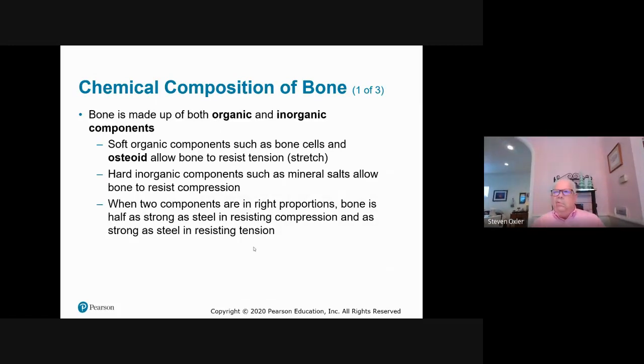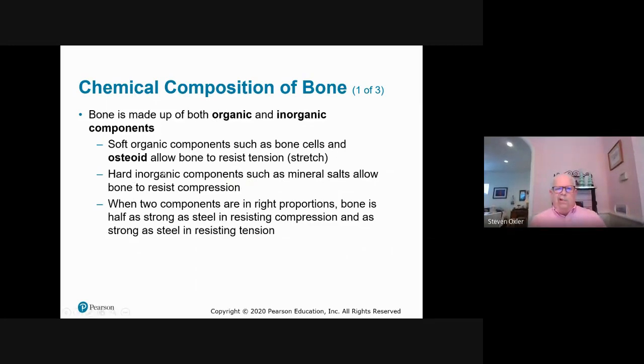So I told you that basically the osteon is the matrix, and the matrix that is produced by the osteoblast has no minerals in it. So it's got to have minerals. Okay?